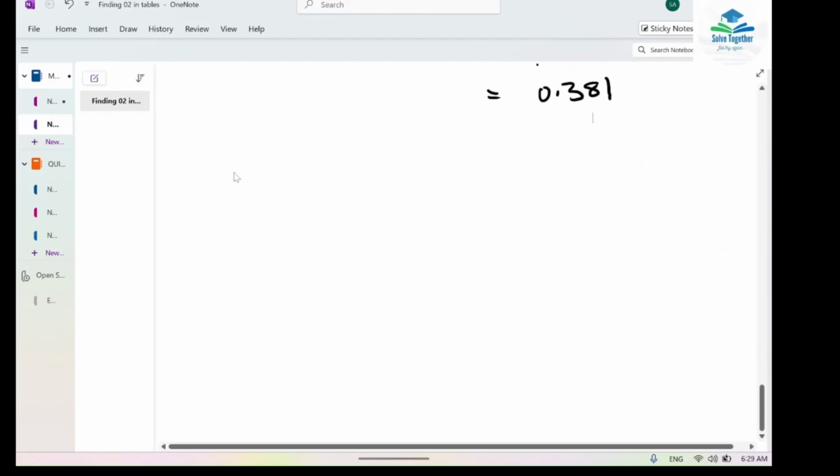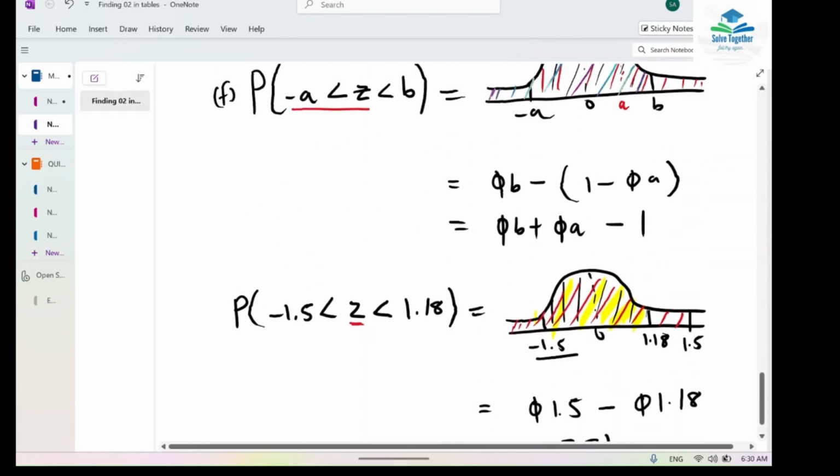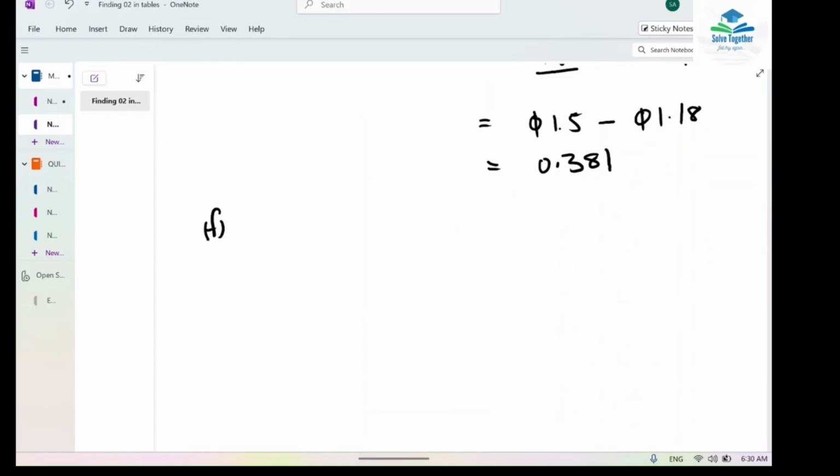And this will be the last property for this video. That will be property F. What happens if we are asked to find the probability of minus a being less than z being less than minus b?